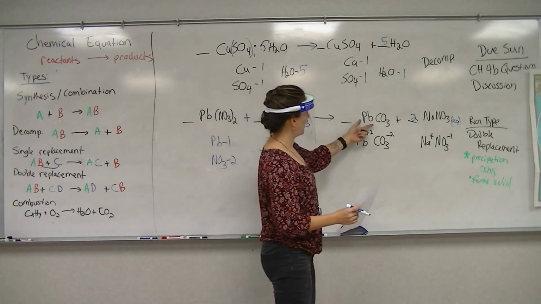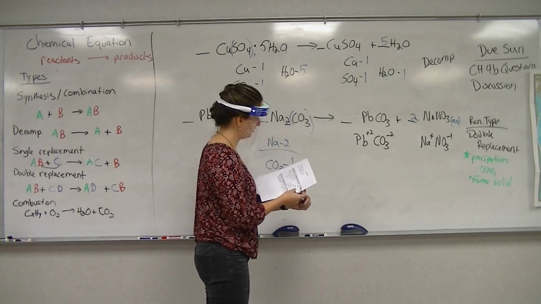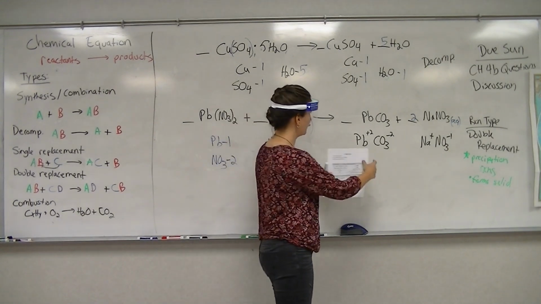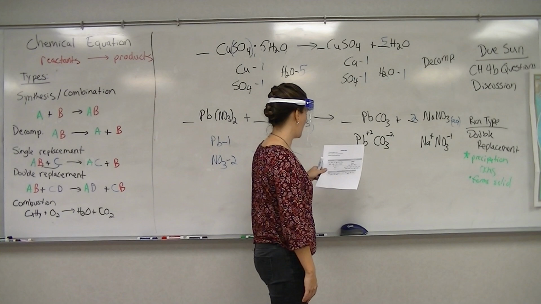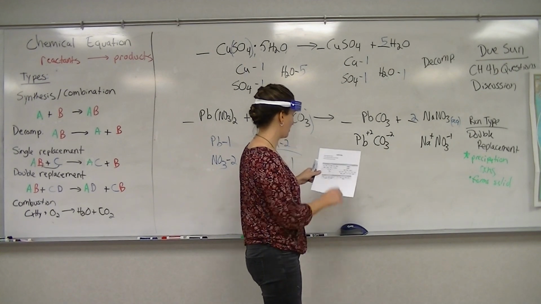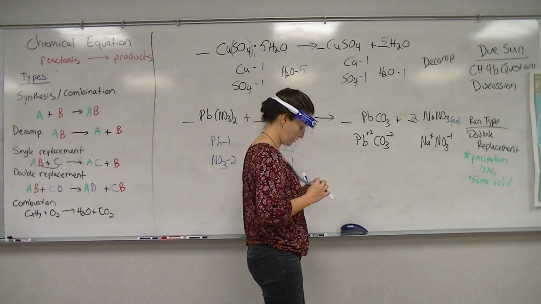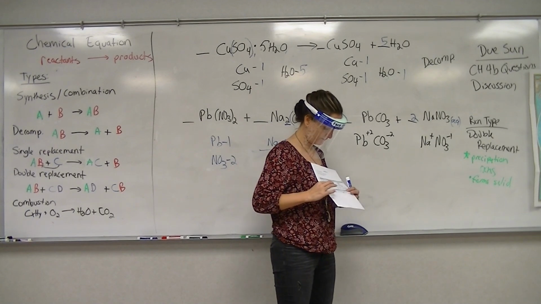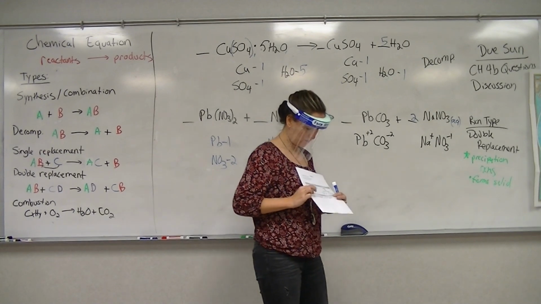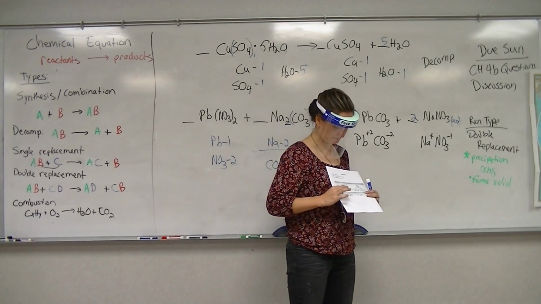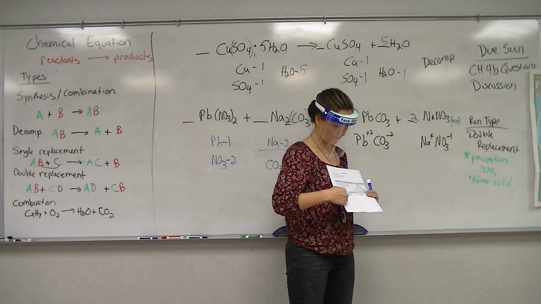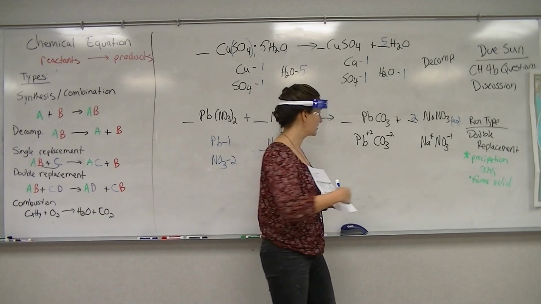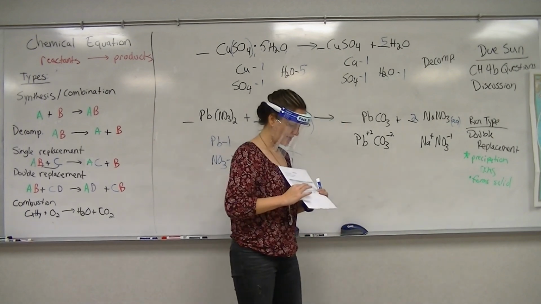So now if I look at the lead carbonate, just look in your list and see if you can find either of those ions. I see the carbonate way down here in the bottom table. So now the bottom table, notice it says insoluble for those ions. So what that means is that most of the time when you have one of those ions, CO3 being one of them, they do form solids.